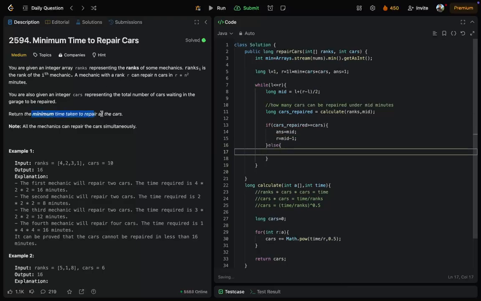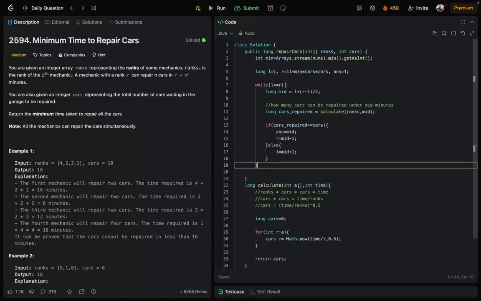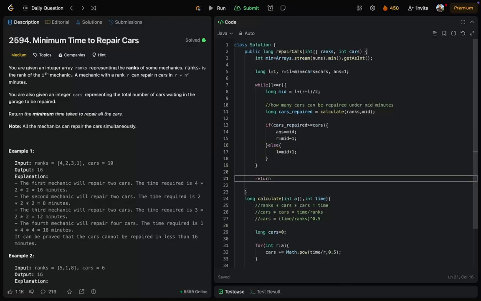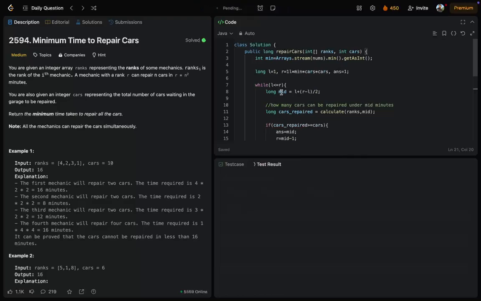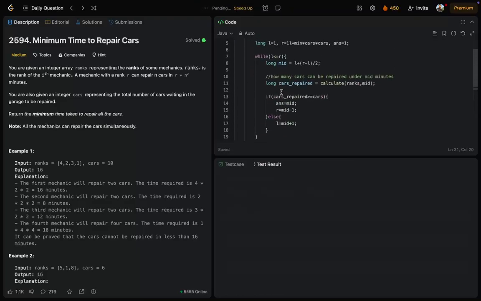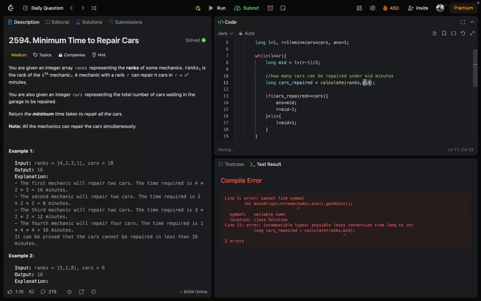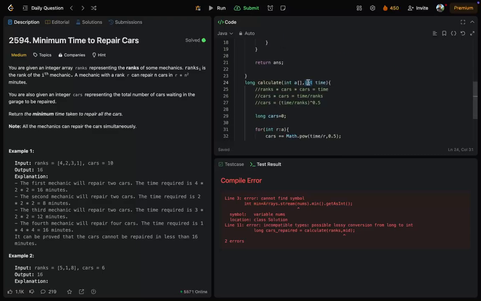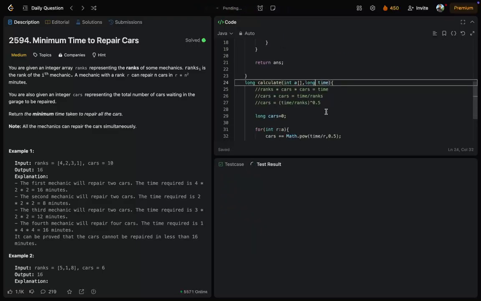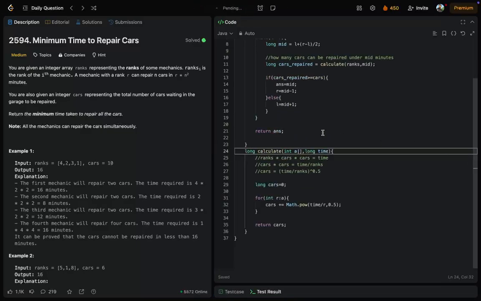So the requirement is to find minimum time, or if this much time is not sufficient, we need to increment the time, we need to move on the right hand side, and that's enough. This is not rank, this is not nums, this is ranks, and mid is long, time is long. Yes, working. Let's submit this.